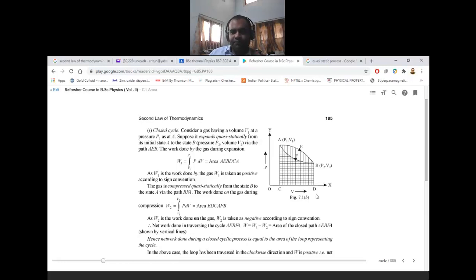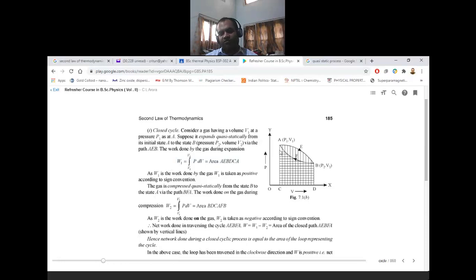Let me go from B: B, D, C, A, F, B. Initially, when it was from A to B, we moved through E. But when we are moving from B to A, we move through BFA, and we do not consider the upper part of the curve. Suppose that work done is W2, the work done in moving from B to A. A to B work done is W1, and B to A work done is W2.